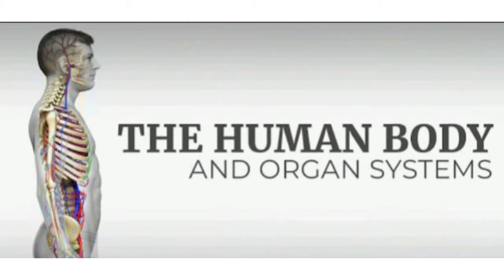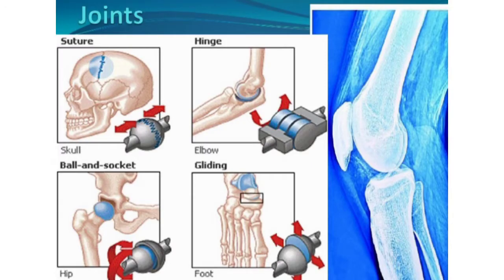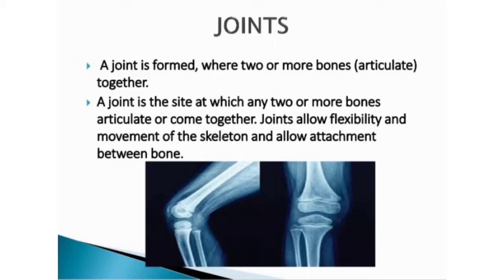If bones are hard, rigid and not flexible, then how are we able to move? Using joints. Today we are going to learn about joints. Joints are the area where two or more bones meet.